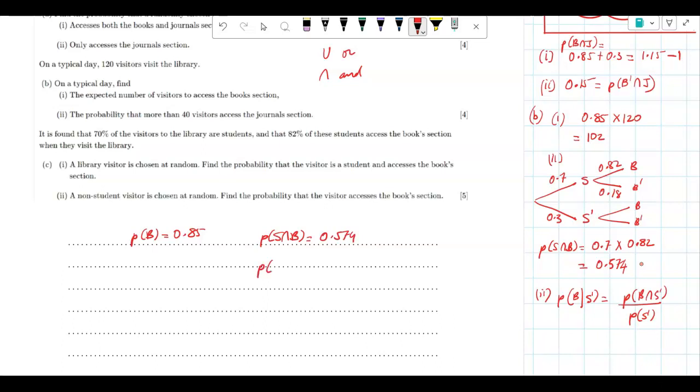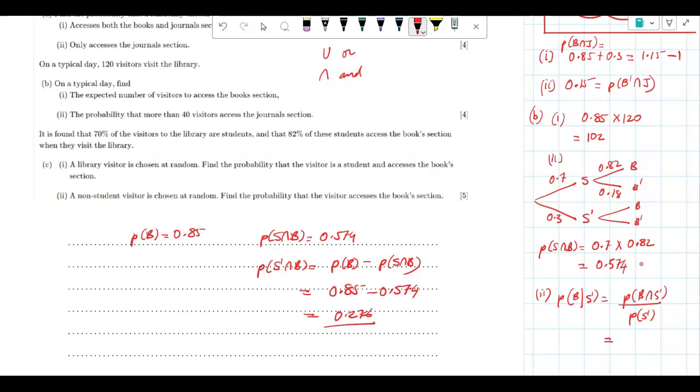So the probability of not a student and book section will be probability of books minus probability of student and books. Because this is the total number of people who are visiting your books. Minus student and books. So how much is that? 0.276. So that's my numerator.